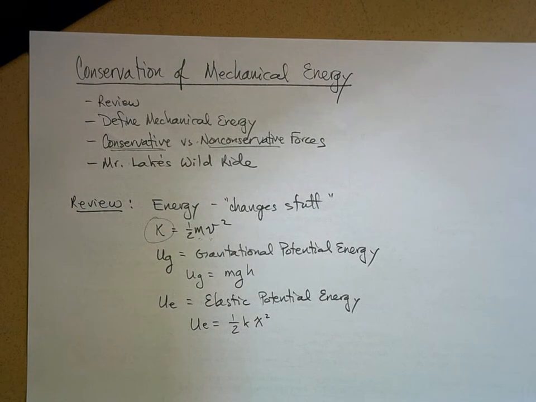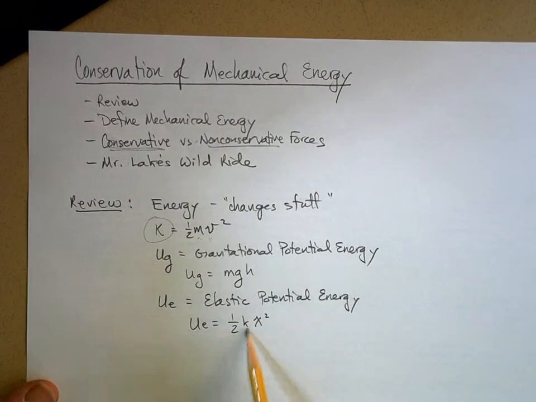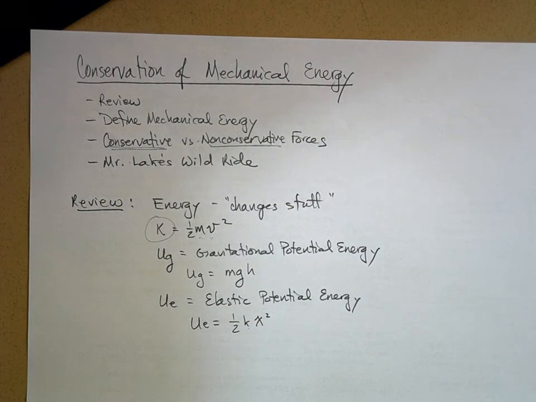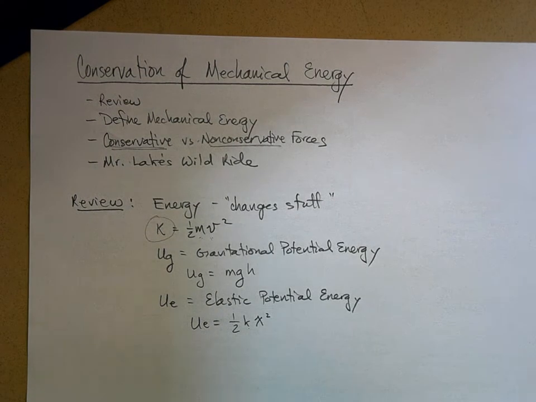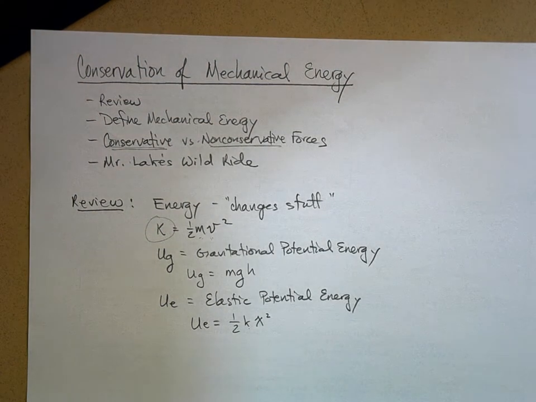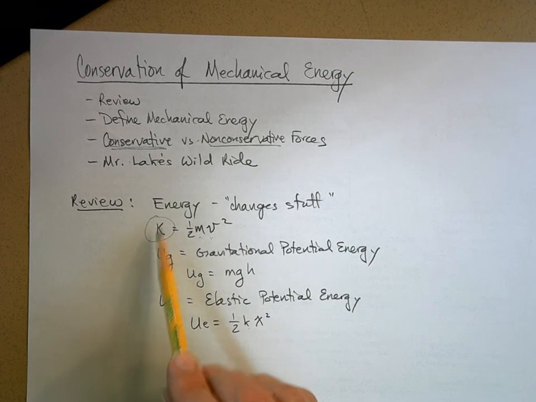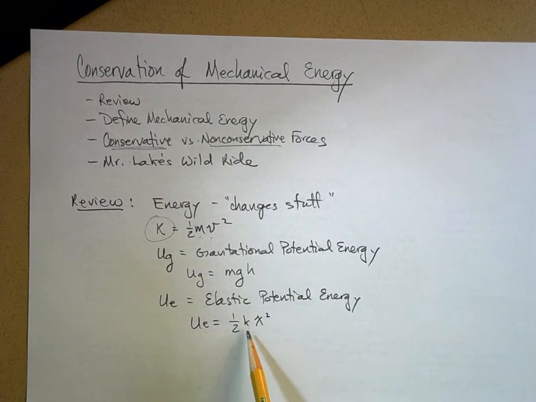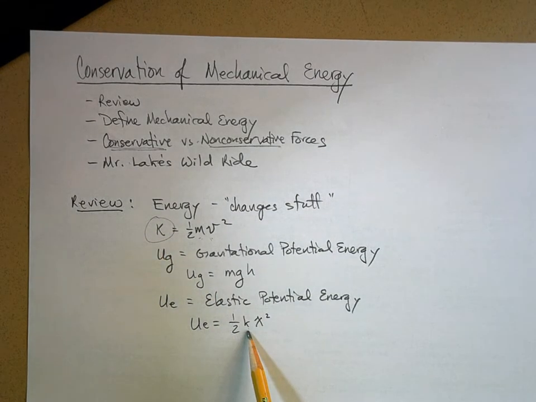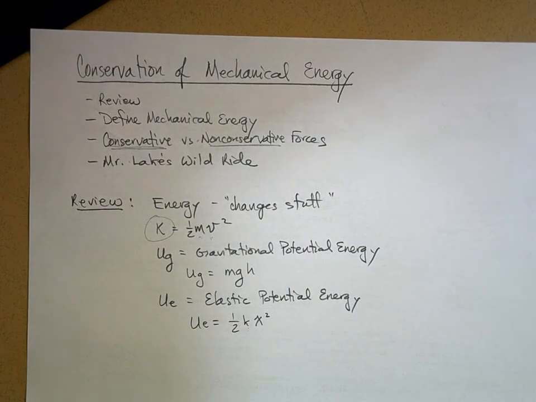Kinetic energy. What does lowercase k stand for? Spring constant. Different things. Capital K has units of newtons times meters, joules. This little k has units of newtons per meter. How many newtons of force you need to stretch or compress an elastic material by 1 meter?